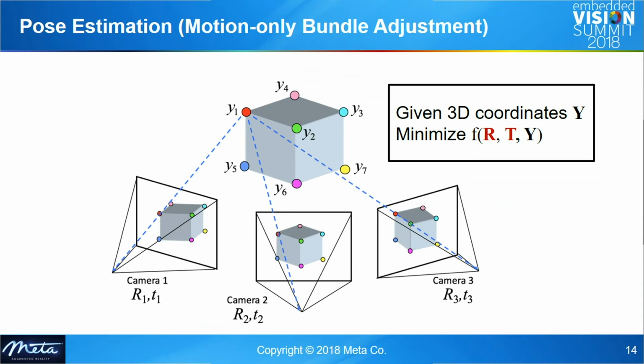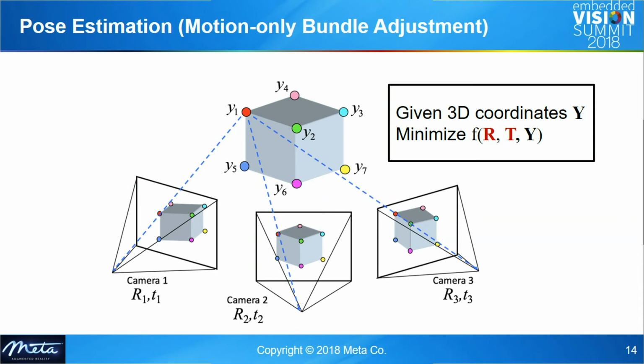So for now, let's assume that we have a model of the world. We know that there is a cube in front of us, and we know the real-world 3D coordinates. We know the XYZ coordinates of the 7 vertices of the cube we are seeing in front of us. We don't know the camera poses, though.